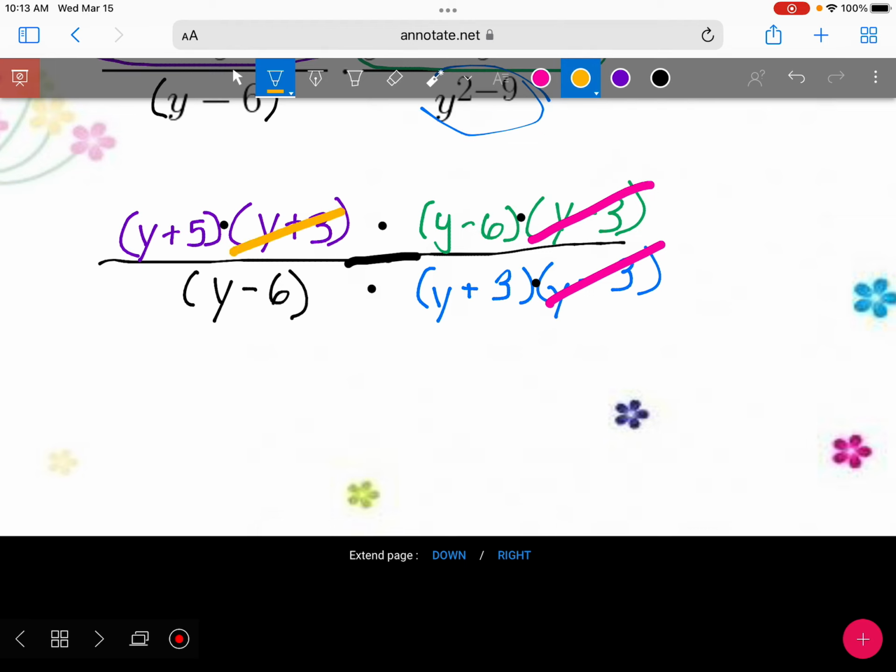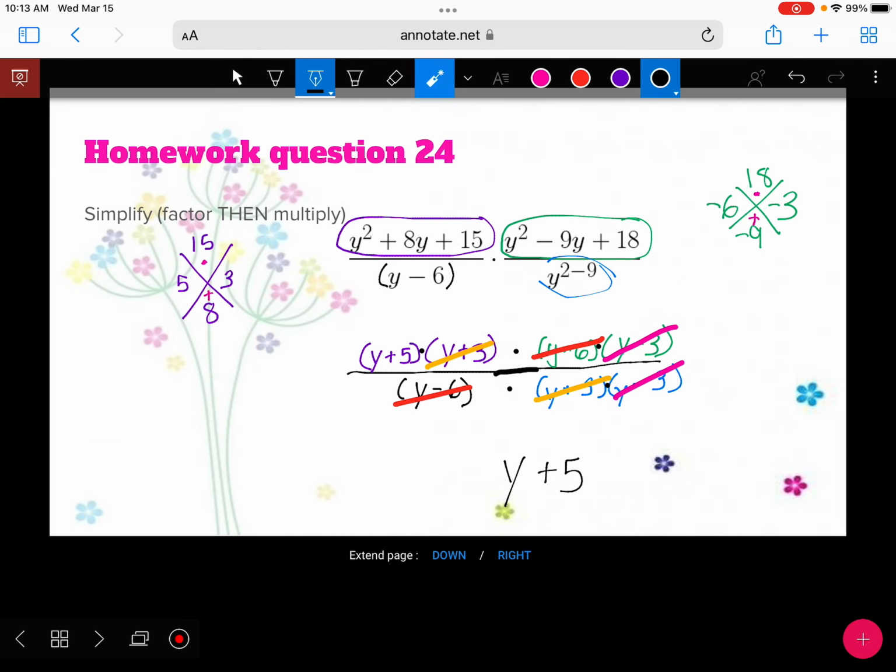The y plus 3s. Anything else? The y minus 6. So this whole thing simplifies down to be just y plus 5. So this whole gross monstrosity simplifies down to this. It is basically a line.